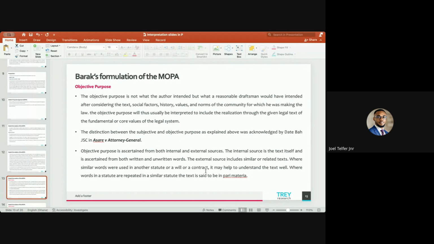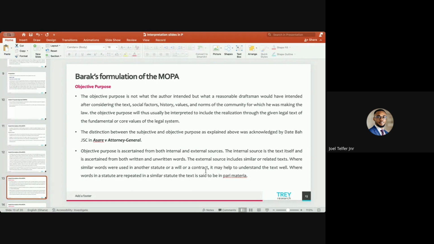This is the distinction. For the subjective purpose, we need to know what he actually intended. This is what he meant. This is what he wanted to say. And we've outlined how we can go about it. We look to the words of the text at the time of the enactment. We try and explain it using the literal, grammatical, and ordinary meaning. We pay attention to whether it will lead to a manifest absurdity before we refer to external sources.